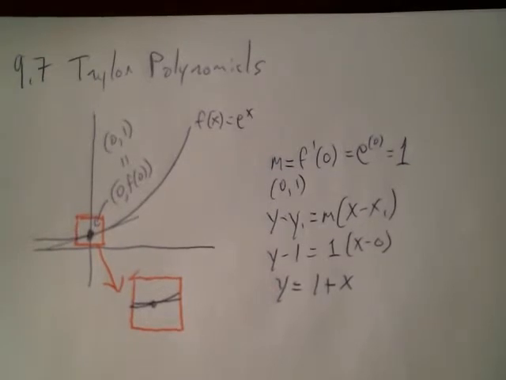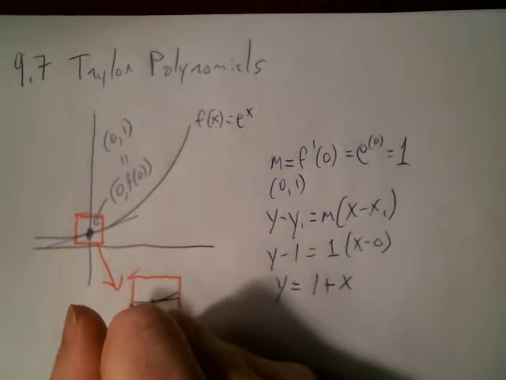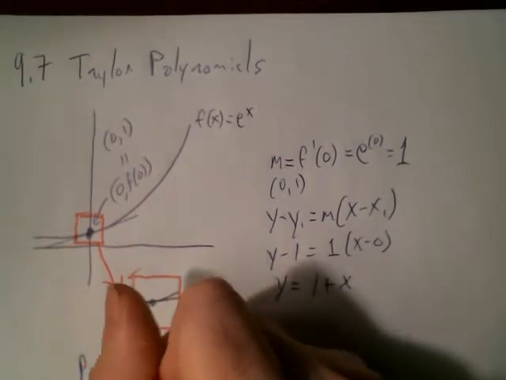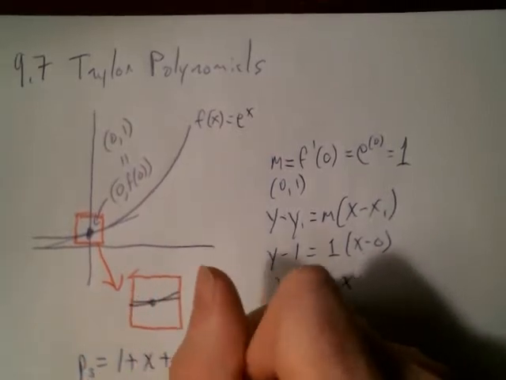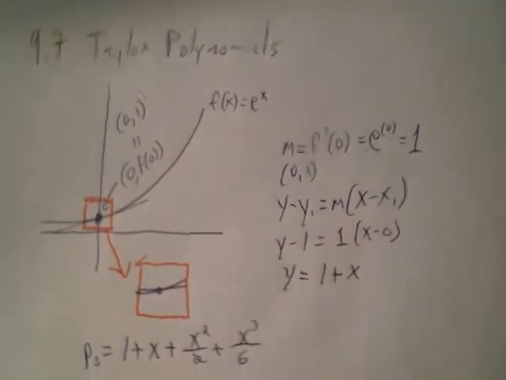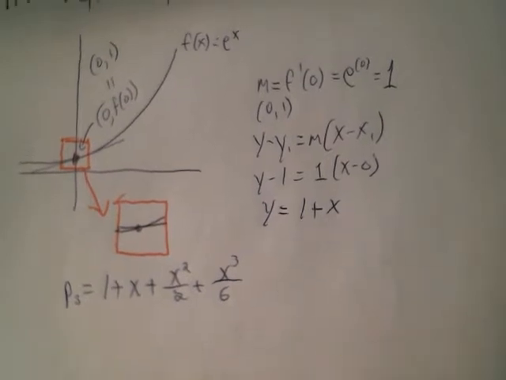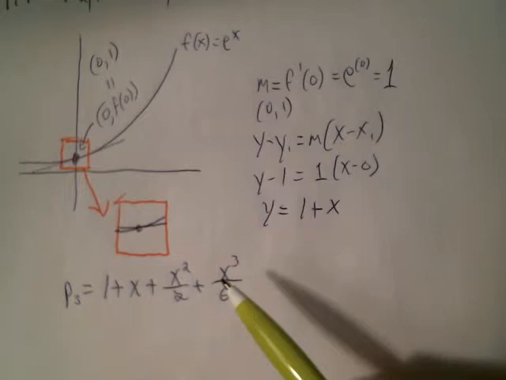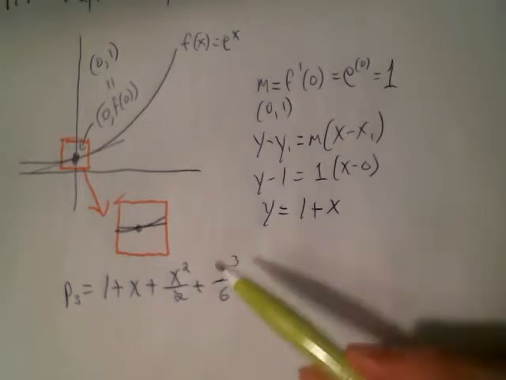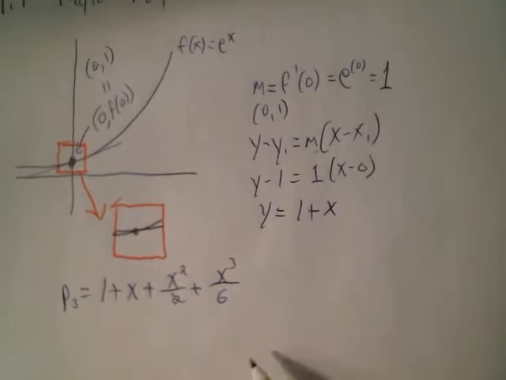Okay, so I recognized this earlier, and then I said we could amp this up a little bit more. We could say p sub 3 would be 1 plus x squared over 2 plus x cubed all over 6. And the way we did that was putting in more and more derivatives, more extra slopes. And that's the way you would build these functions.